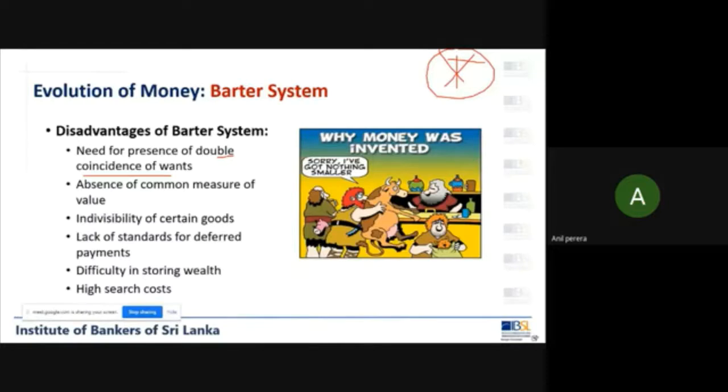Then absence of a common measure of value. We know in a money-based economy, money plays the role of a measure of value for all goods. We have seen it. But that role is absent in the barter system.